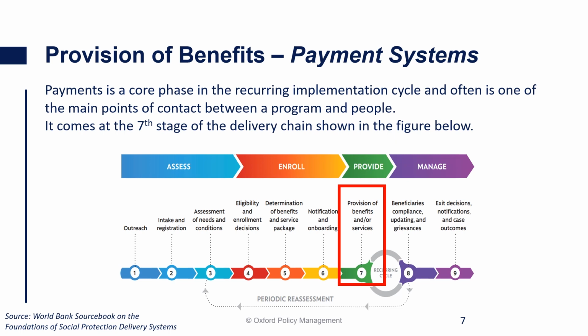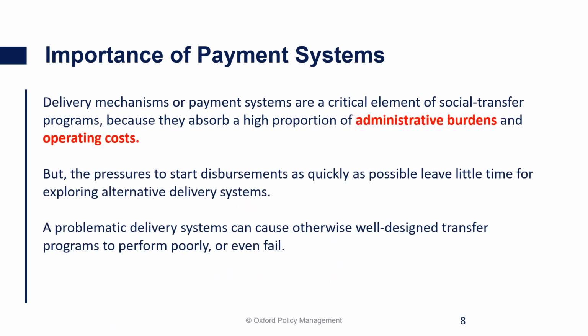Delivery mechanisms or payment systems are a critical element of social transfer programs because they absorb a high proportion of administrative burdens and operating cost and are therefore a key determinant of cost effectiveness and efficiency. Despite their importance, delivery systems often receive inadequate attention in the design phase.